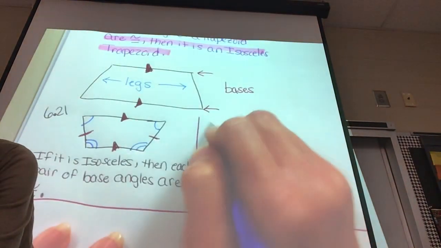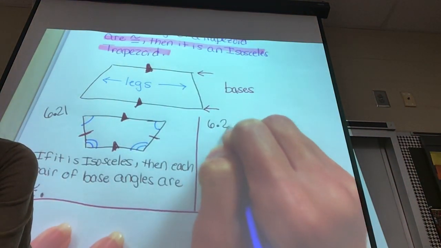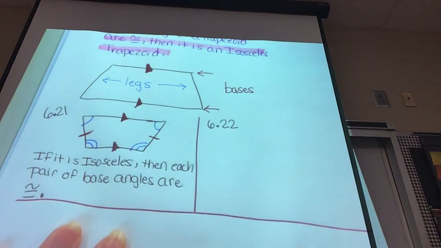The second one is 6.22. Okay, we're going to have another trapezoid. And this one says if a trapezoid has one pair of congruent base angles, then it's an isosceles.